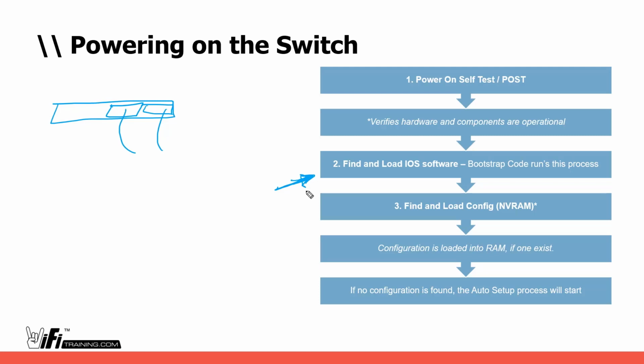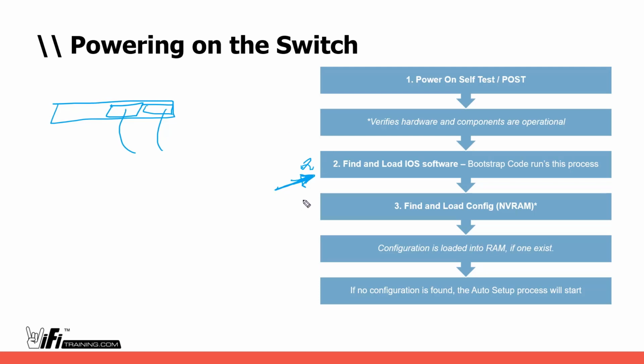So the IOS software was not required to do the POST test. It's this other low-level code we call bootstrap code. Okay. Now, once we find and load the Cisco IOS software, then the switch is going to be ready to run. Okay, that's step 2, where we find the Cisco IOS software.